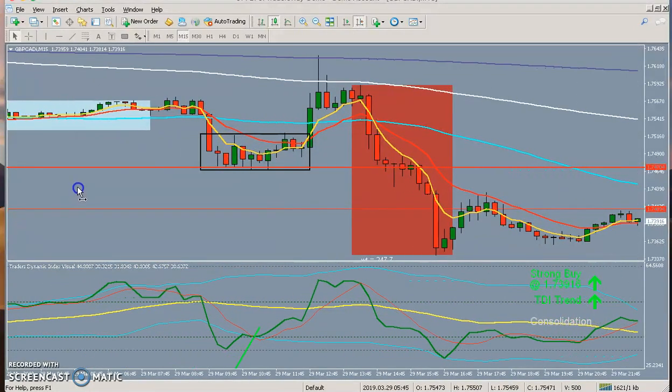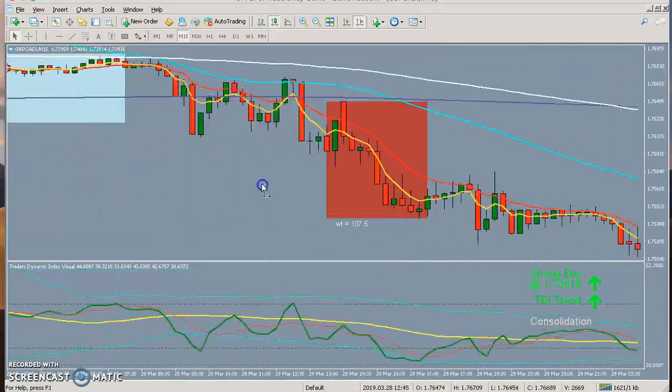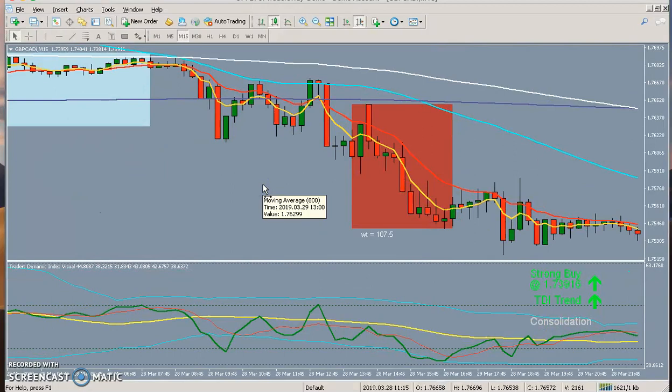So let's go to another trade just to see what's a good trade, what's not a good trade. This is a 15-minute chart. The reason why I don't want to do a 15-minute chart is because I can only go down to a 5-minute, but let's see if it works.